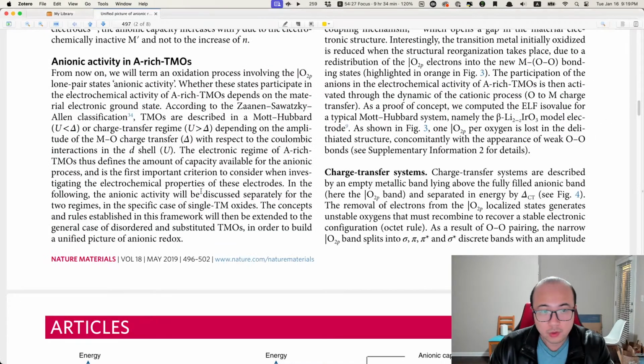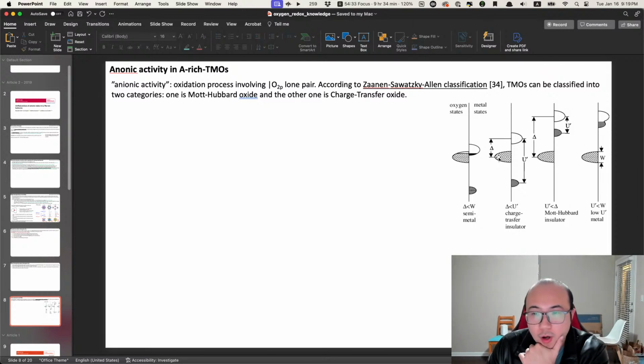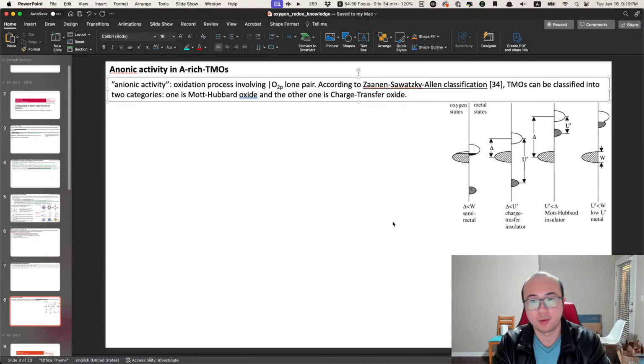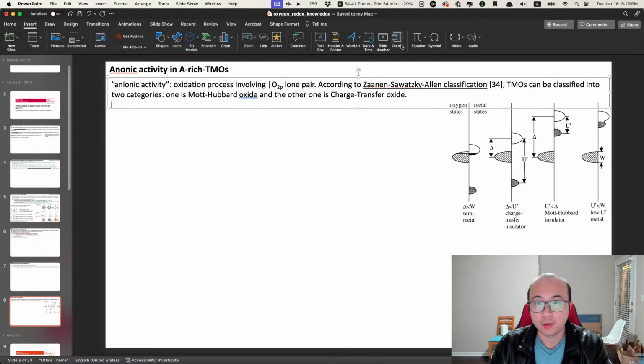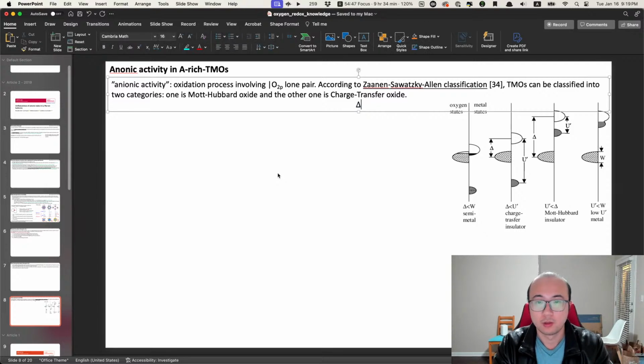Coulombic interactions, MO charge transfer. Okay, MO charge transfer basically means the energy level of oxygen. Okay, some terminology. Delta is the gap between the levels in oxygen and LUMO in transition metals.